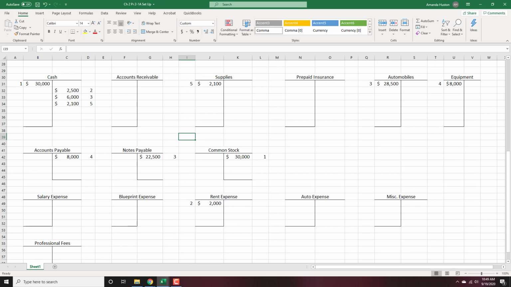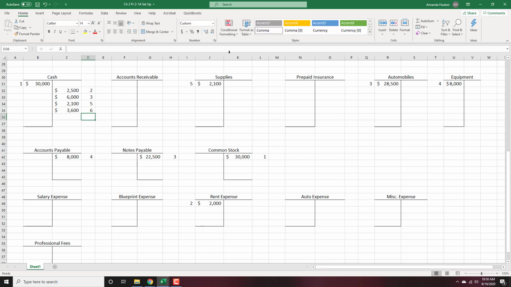Moving right along. It says we paid cash for annual insurance policies of $3,600. First question, did anything happen to cash? Yes, we paid cash of $3,600, so that's a negative to cash. This is journal entry number 6.